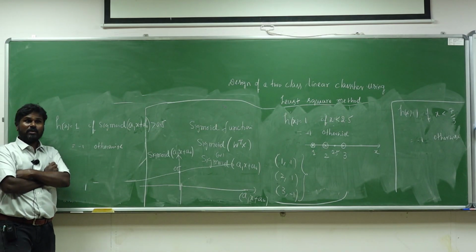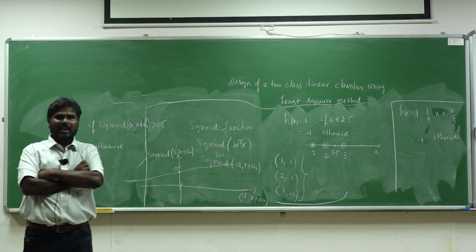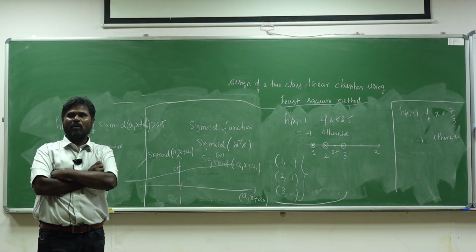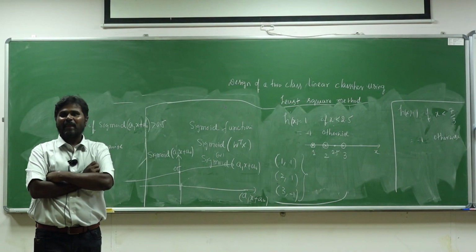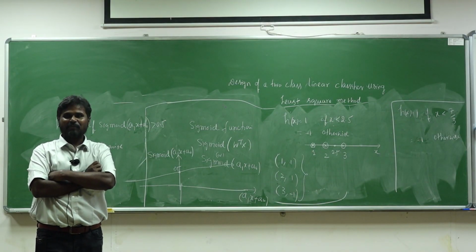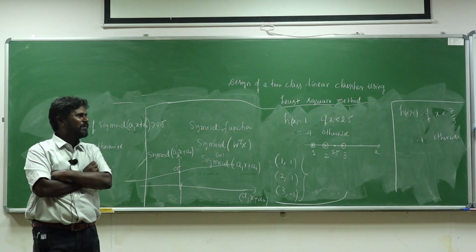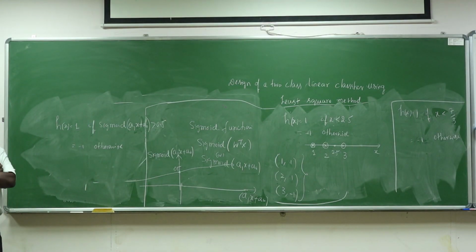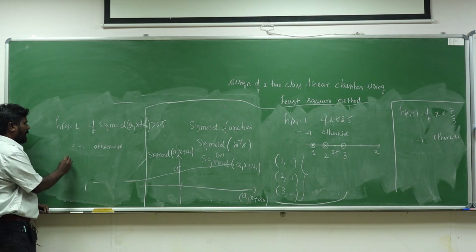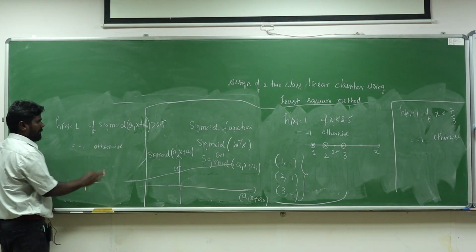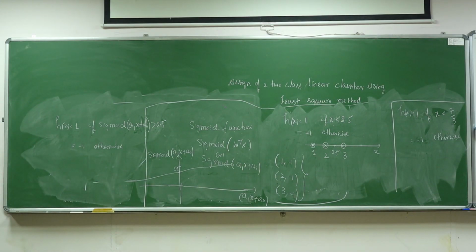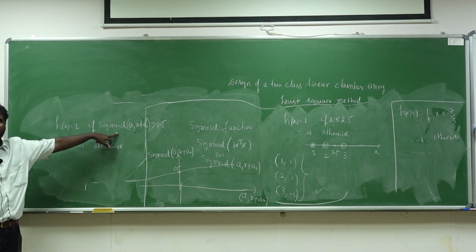Now the interconnection of these classifiers would give you what? If you connect in a specific way, what would you get? The interconnection of these two classifiers is still a linear classifier, because it separates the classes linearly, though you applied the sigmoid function.